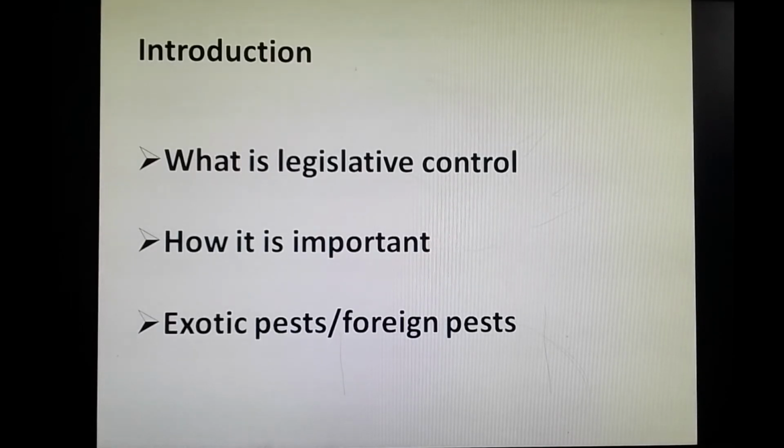So, to prevent those pests at the entry point, or by taking measures to prevent them in the past itself, can help the other country to not have that particular pest, because once it gets entry into the new geographical location or the new country, it can be devastating for that country's economy and agriculture.